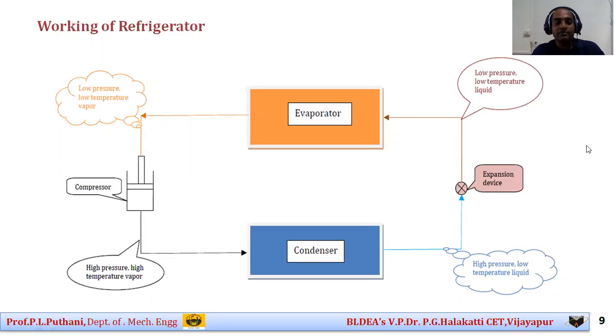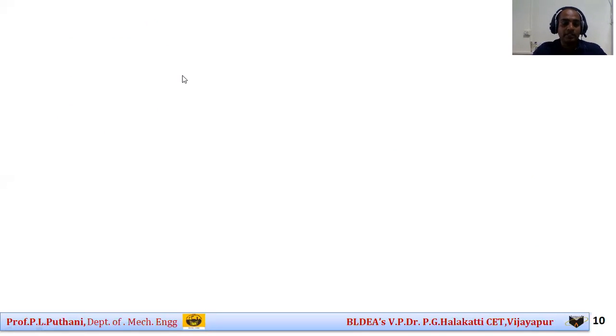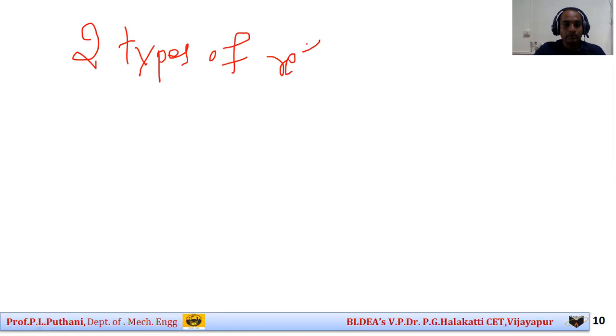So as I said, in refrigeration, if you make the classification, we have two types of refrigeration.